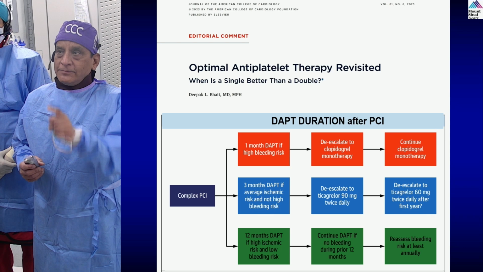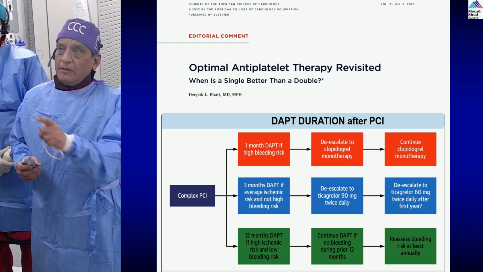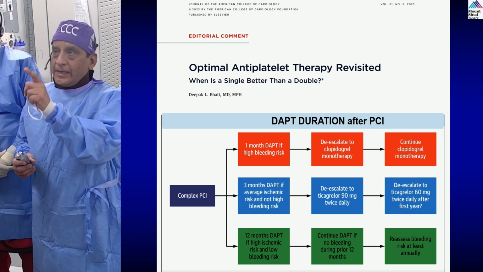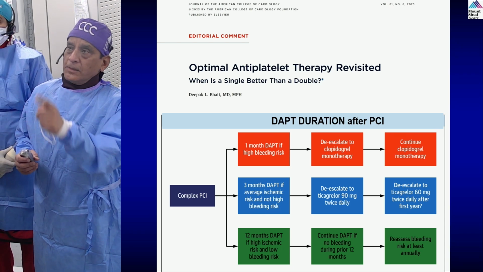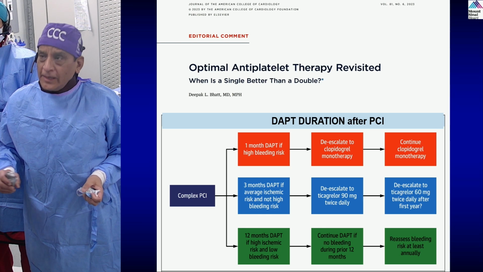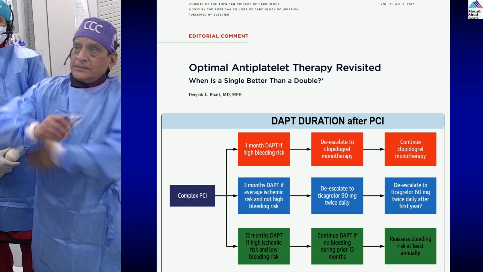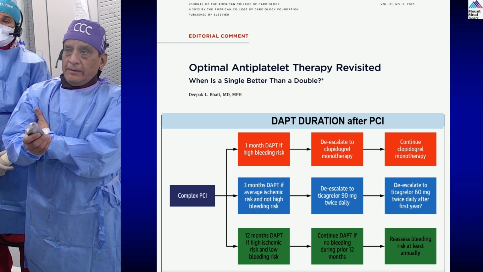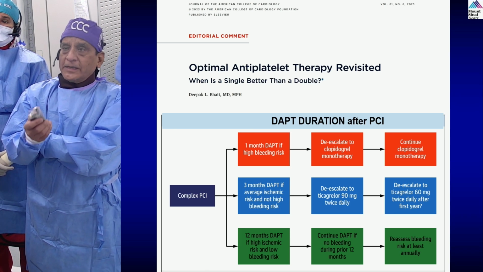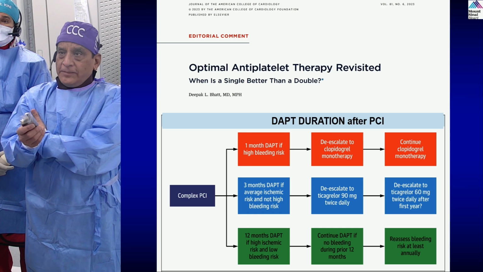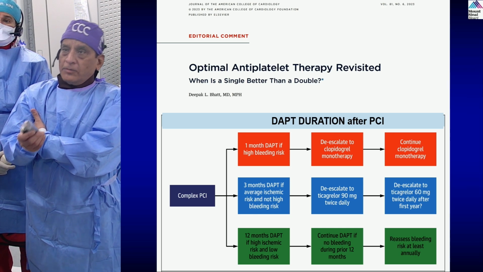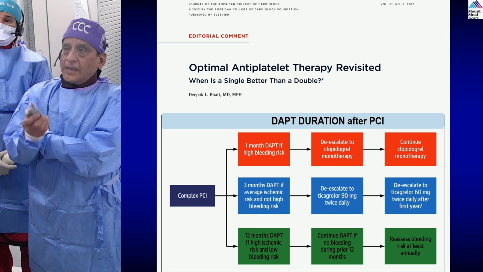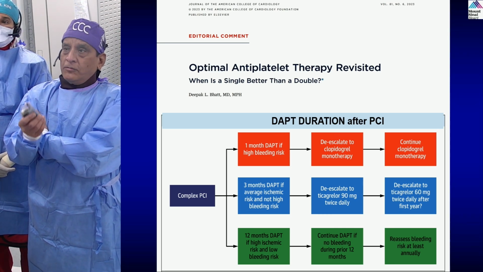In that case, based on the TWILIGHT trial of Roxana Mehran, de-escalate to ticagrelor 90 milligrams twice daily, and then after 1 year you can go to 60 milligrams twice a day for 3 years based on the PEGASUS trial. Third, 12 months of DAPT, particularly with acute coronary syndrome, which is high ischemic risk and low bleeding risk, because there you can make it 6 months if stable CAD, and then continue DAPT if no bleeding during the prior 12 months.